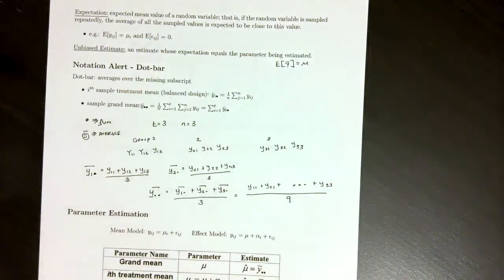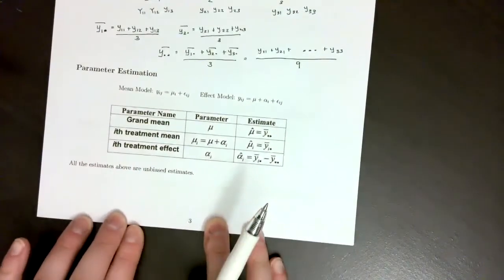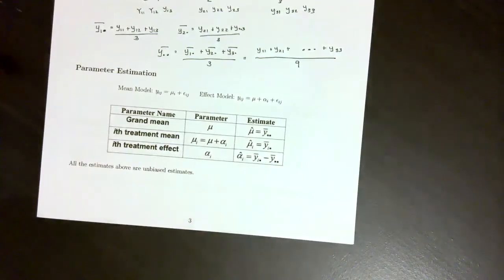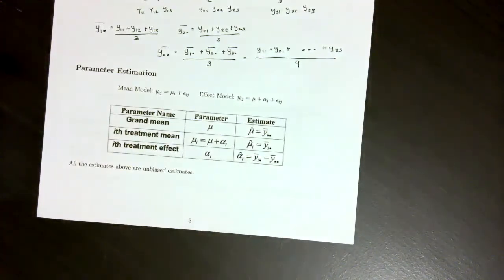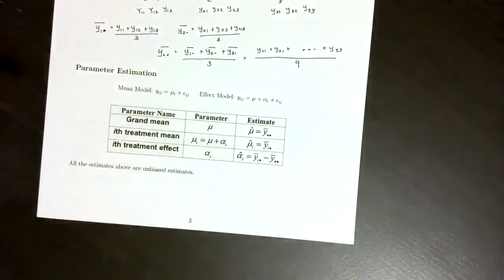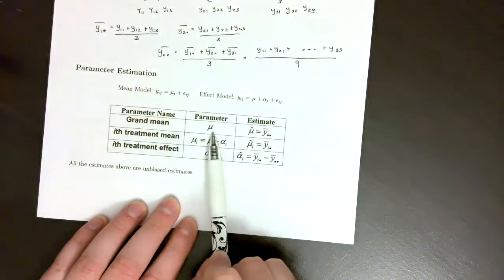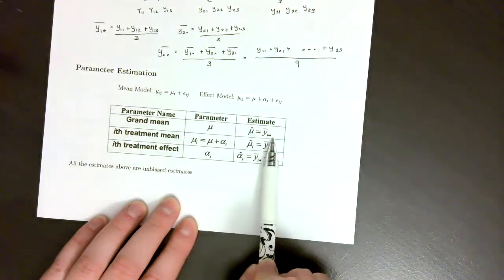Where this is going to come into play is now our parameter estimation. Recall we have parameters in our model, either the means model or the effects model, and we want to estimate these parameters. Our mu parameter is estimated by the grand mean, so taking the average of everything.